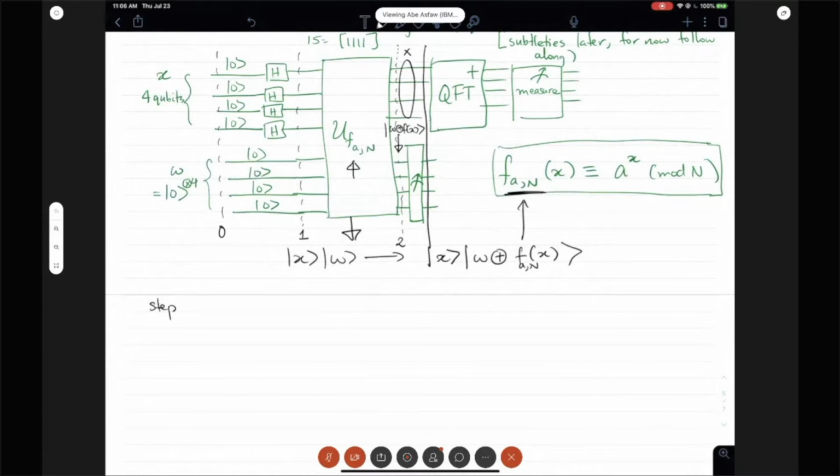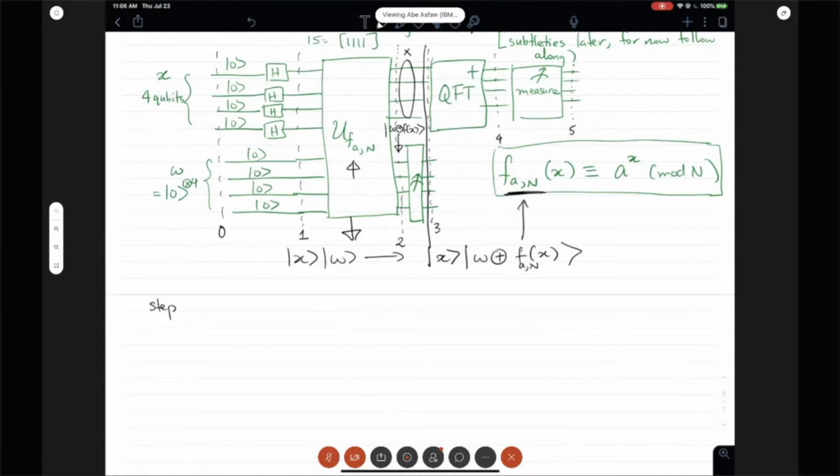Step 3 is right here, just before the QFT and after the measurement. Step 4 is here, and step 5 is here. So we're going to figure out what's happening in all of these steps. All right, this is exciting.